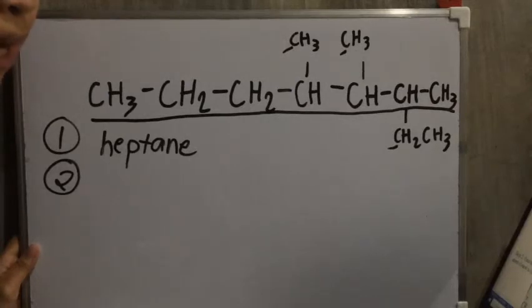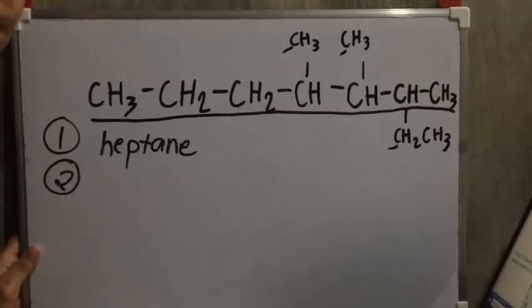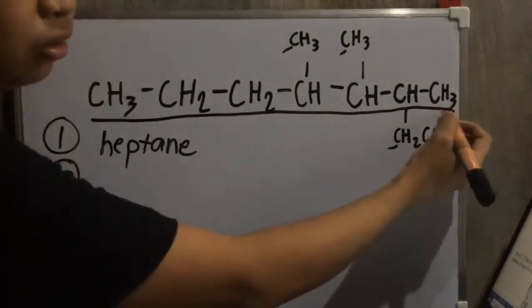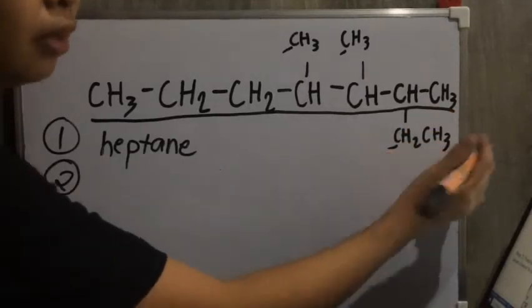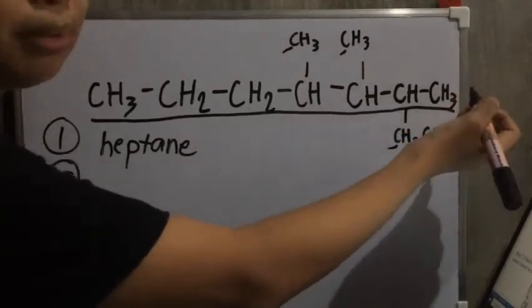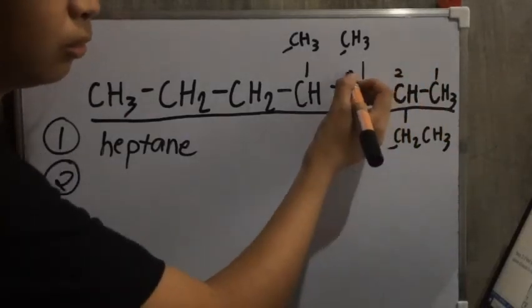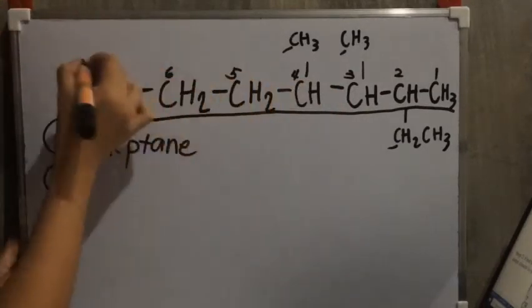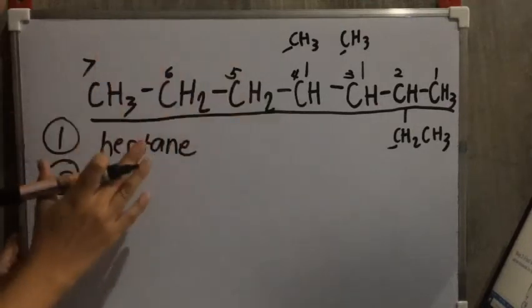Saan yung pinakamalapit na carbon na mayroong pinakamalapit na substituent? So, ito, di ba, yung pinakamalapit. Ito. So, this is the last carbon. Dito tayo magsisimula ng bilang ng carbon natin. 1, 2, 3, 4, 5, 6, 7. Okay, so we have 7.